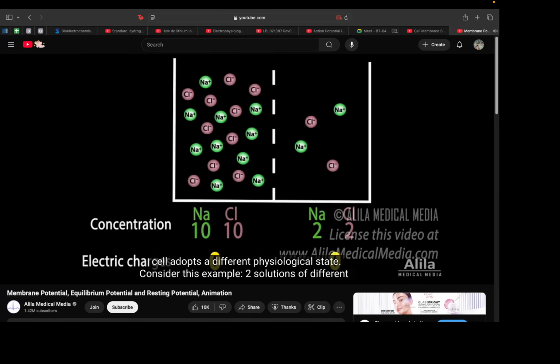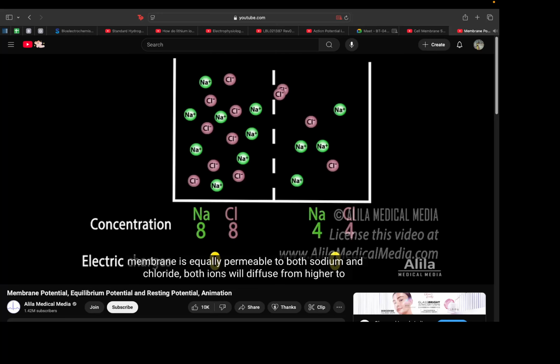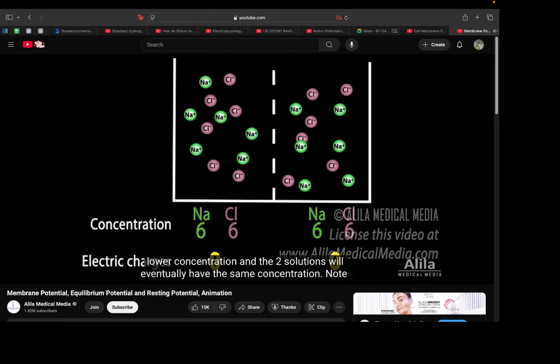Two solutions of different concentrations of sodium chloride are separated by a membrane. If the membrane is equally permeable to both sodium and chloride, both ions will diffuse from higher to lower concentration, and the two solutions will eventually have the same concentration.